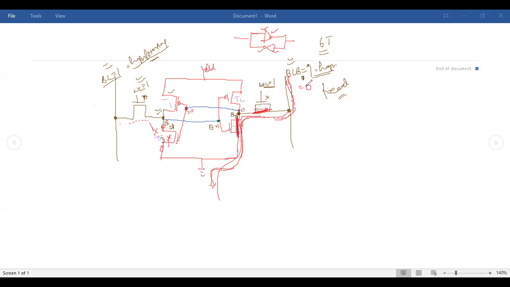Now you see your BL is at higher potential, BLB comes down to lower potential. BL is showing the value of Q, BLB is showing the value of QB. It means whatever you have inside the memory, now you have the same data outside the memory. This whole process is called the read process of the memory.